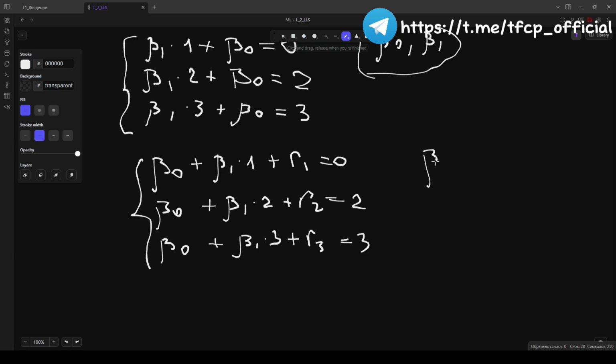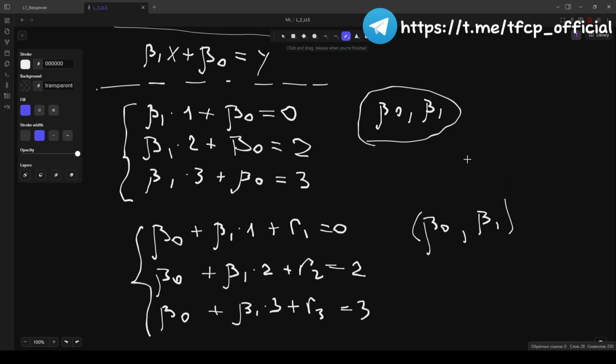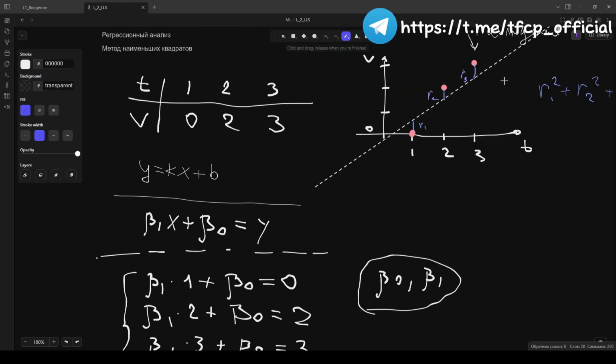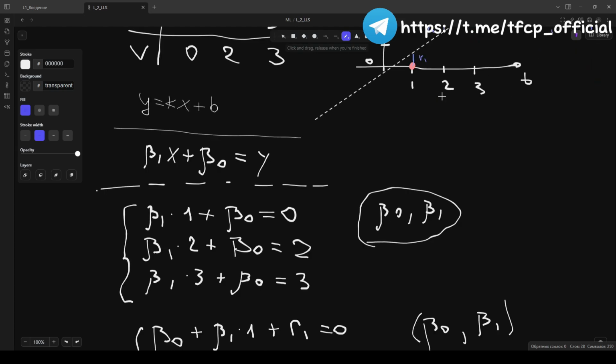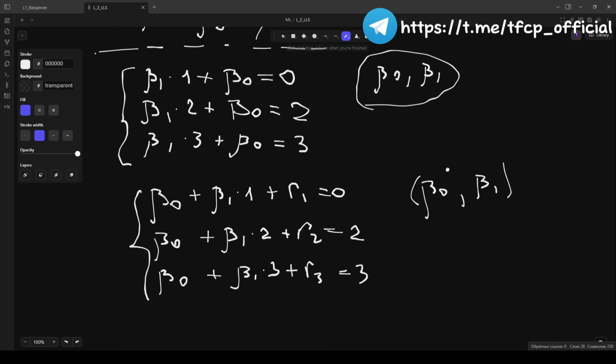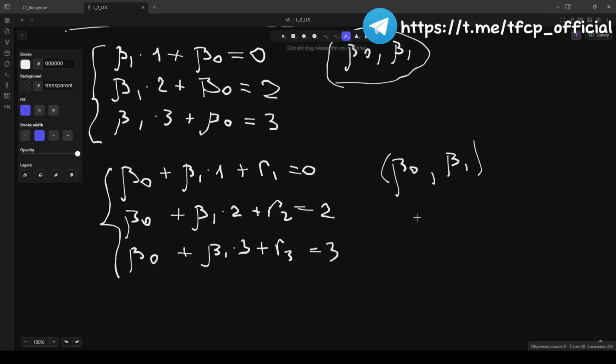That is, once again, we are looking for b0 and b1 coefficients. Since the exact position of the line changes slightly depending on these specific coefficients, what task are we pursuing? We want to find these coefficients, specifically beta 0 and beta 1, such that this sum of squares is minimized.